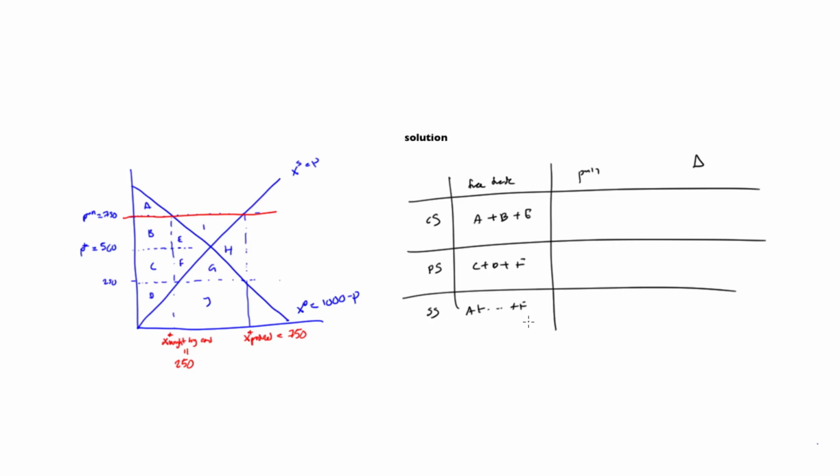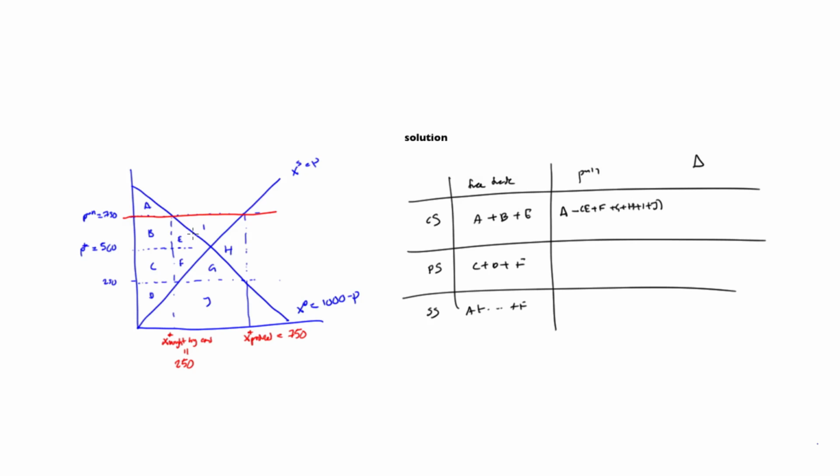Now let's look at the policy effect, which is more interesting than before. First, let's look at the consumer. So the consumer gets the first 250 units at a price of 750, so therefore they get A as consumer surplus. But notice that they also need to pay as taxes before all of this rectangle, which is minus E plus F plus G plus H plus I plus J, but they get the units.